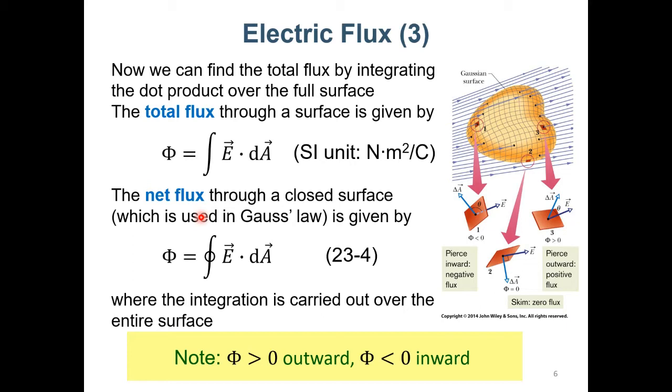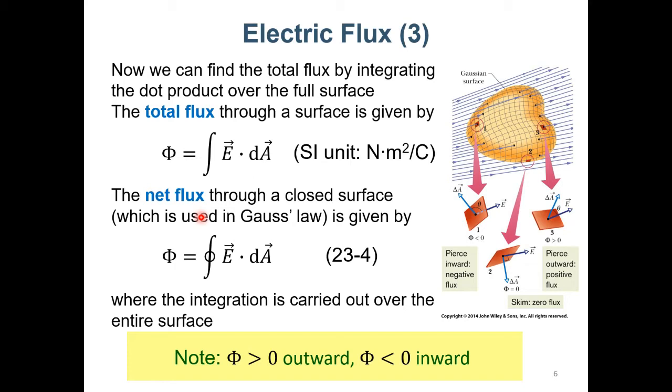E dot dA. So for this area, we have the E pointing to this side, so that E and dA can be calculated. For this point, you can also calculate E dot dA, but they may be different.